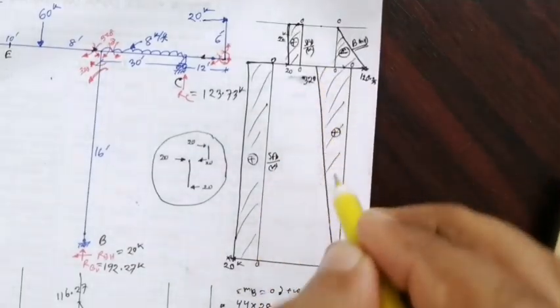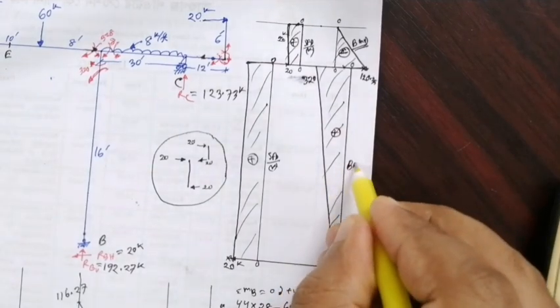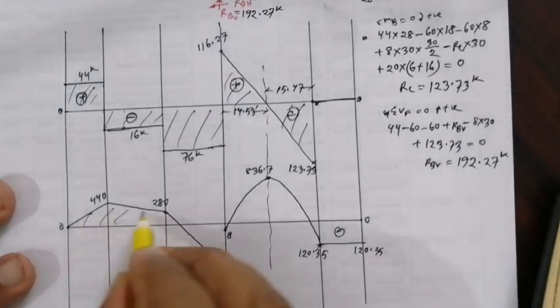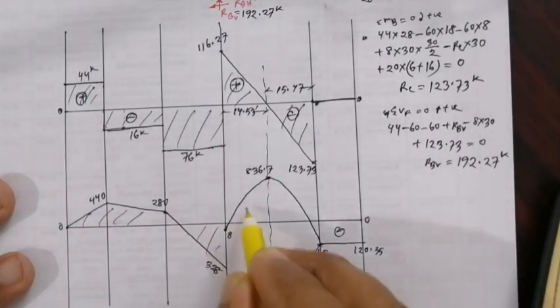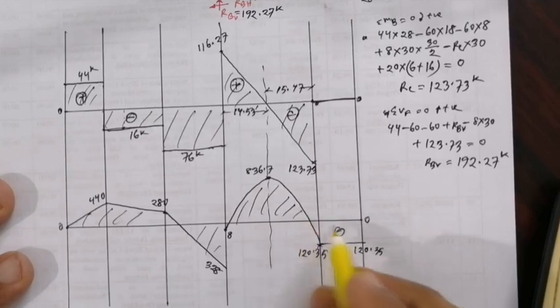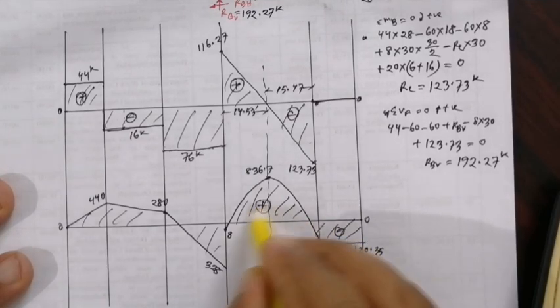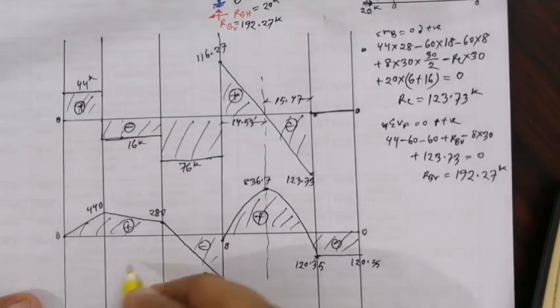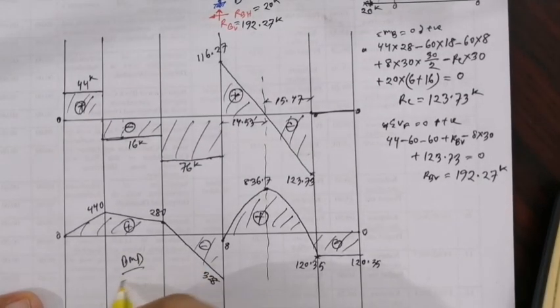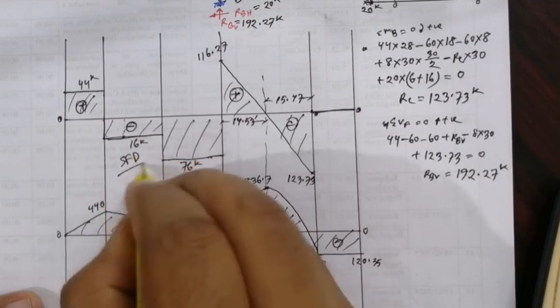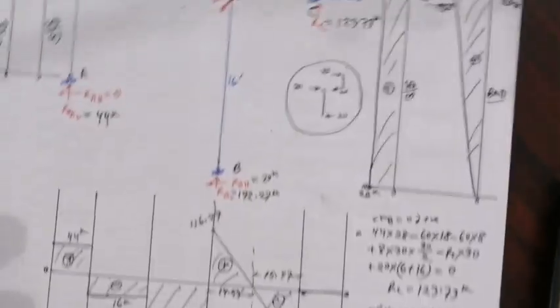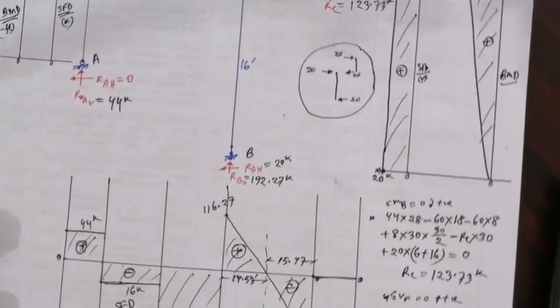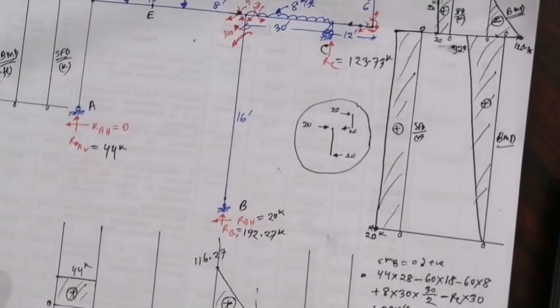This is also the BMD of this member, and this is the BMD. So this is our SFD and BMD diagram of this structure.